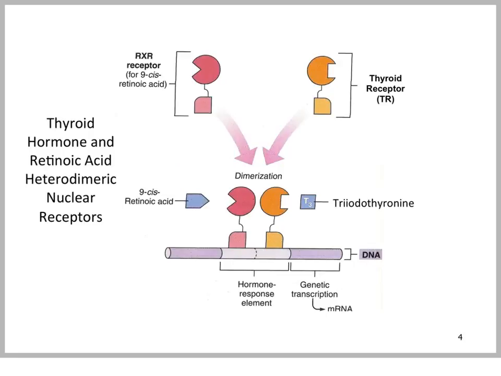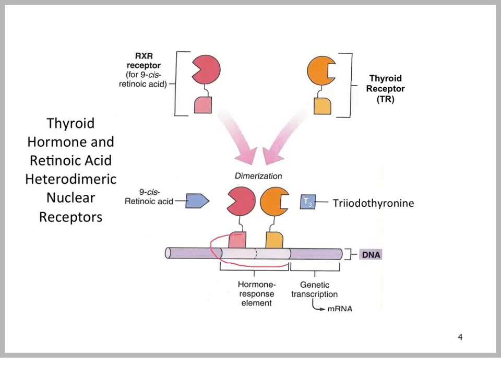So in this graphic, we show the thyroid hormone receptor, which acts as a heterodimer with the retinoic acid receptor to interact with DNA.